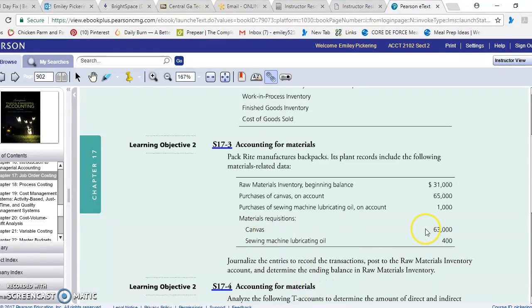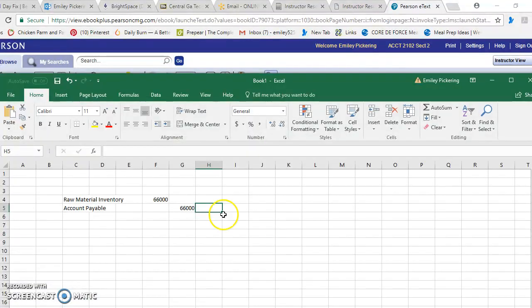So I'm going to take 63,000 in canvas, 400 in oil, and move it from raw materials to work in process because that's the next step. So we're just going to take work in process, and that's going to be inventory. Total of 63,000 for the canvas.